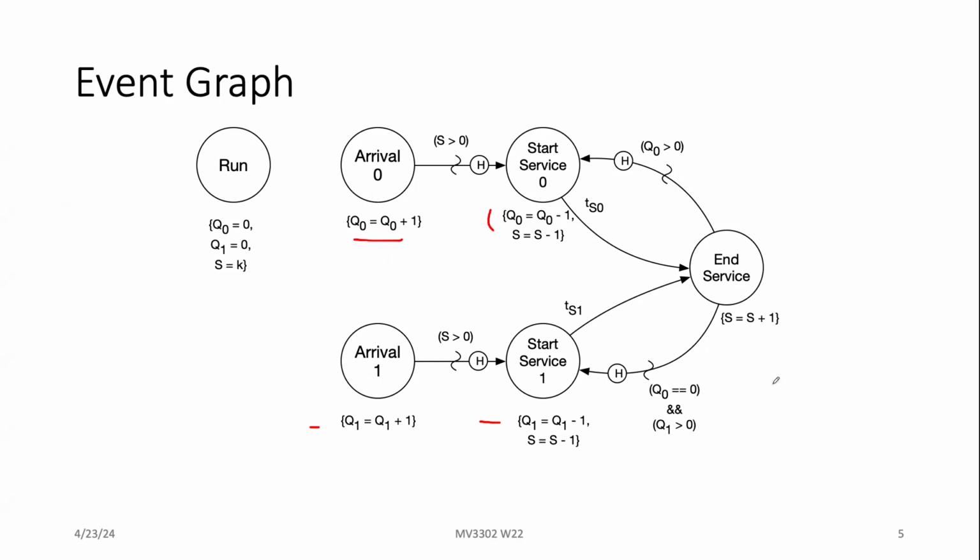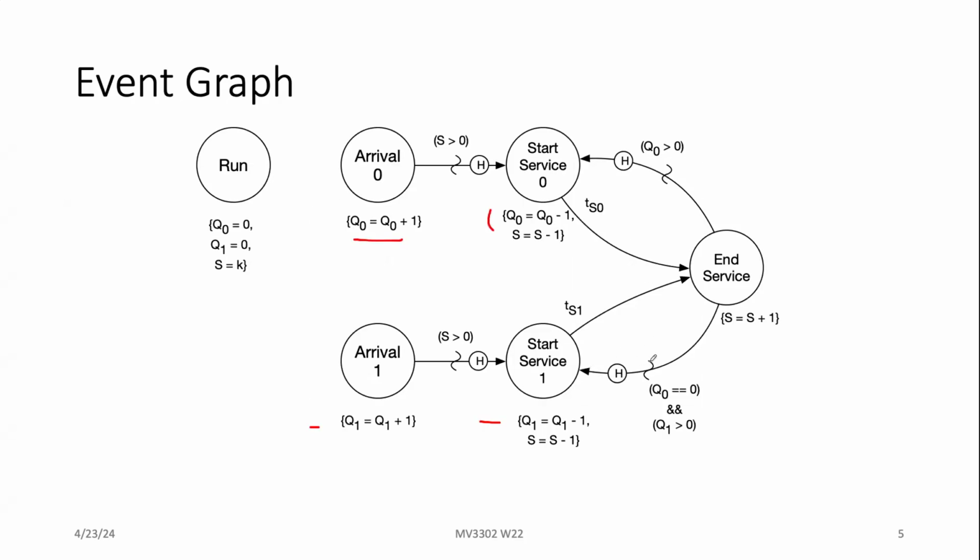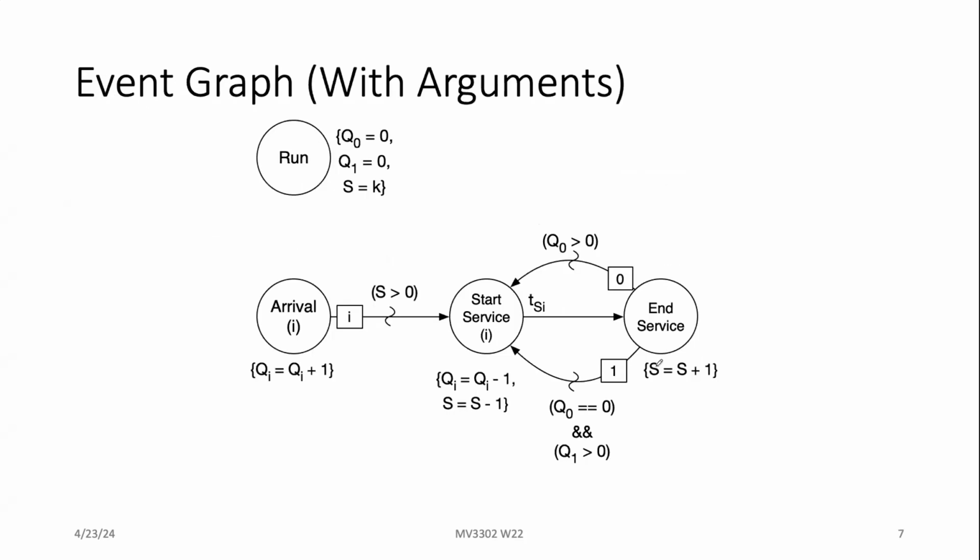In other words, it suggests that we should be able to do something like this. Now, this is a different kind of thing, but if you just look at the events here, instead of having arrival 0 and arrival 1, I'm going to make that 0 or 1 an index, an argument of the event.